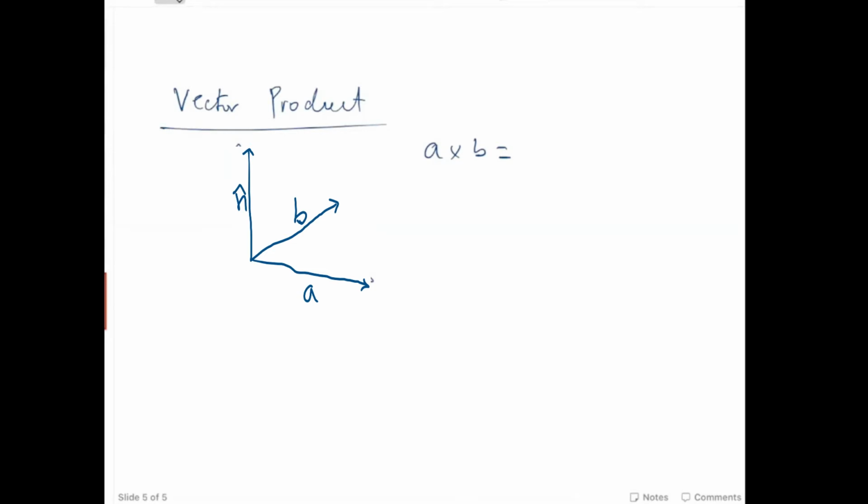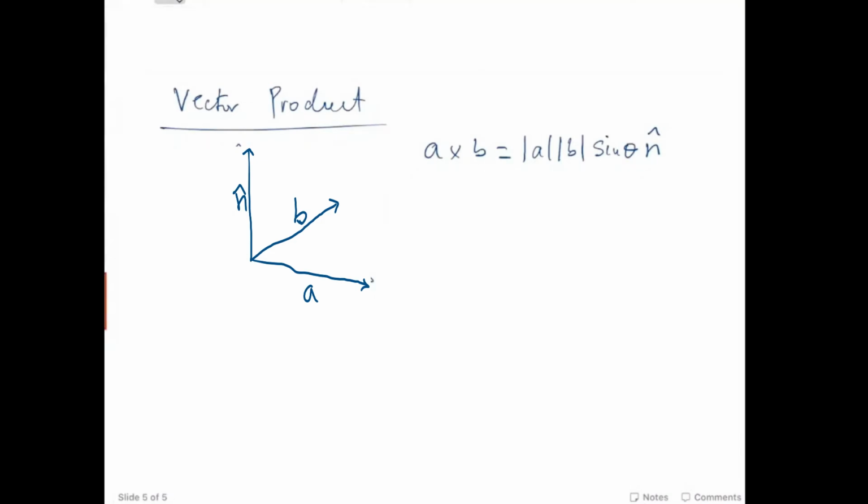The vector product of A and B will be the product of the modulus of each of them, times the sine of theta, which is the angle between the two vectors, and then the normal vector, which provides a vector that is orthogonal or perpendicular to A and B. So this concept finds application in many engineering areas, such as when you look at the moment of a force.